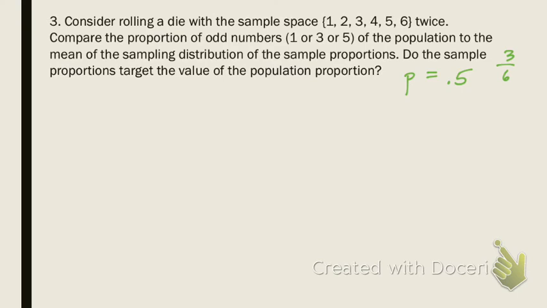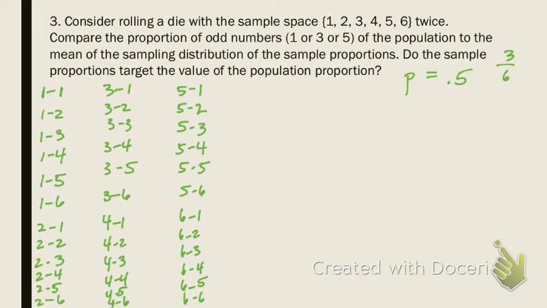And so we're going to list out, if I'm rolling a die twice, all of the options. So I could roll a 1 and a 1, 1, 2. So I want you to list out all of the options first. Okay, from here, I'm going to count the proportion of odd within each pair.